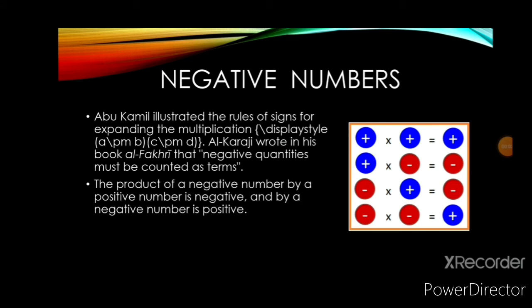Abu Kamil illustrated the rules of signs for expanding the multiplication. Al-Karaji wrote in his book Al-Fakhri that negative quantities must be counted as terms, as shown in the figure, and as we already know, positive into positive is positive, positive into negative is negative, negative into positive is negative, and negative into negative is positive.